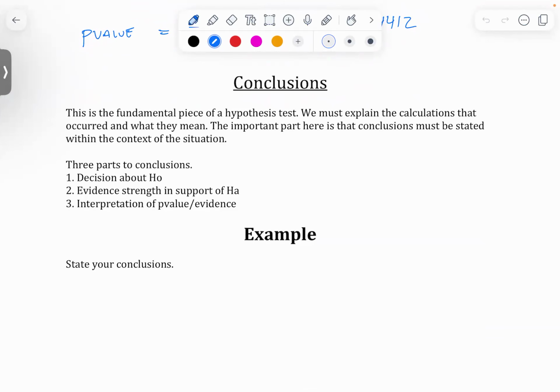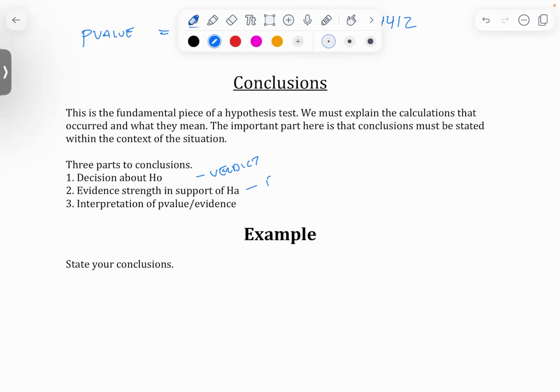So the big part is the interpretation. Again, no more probability statements, anything like that. But now we have conclusions, and we have three big parts to the conclusion. First is the decision. That is our verdict. We have to read the verdict, guilty or not guilty. Then we're going to talk about the evidence.